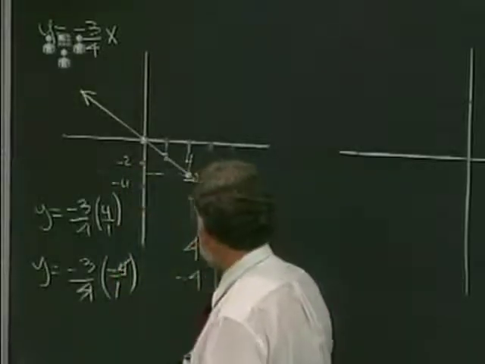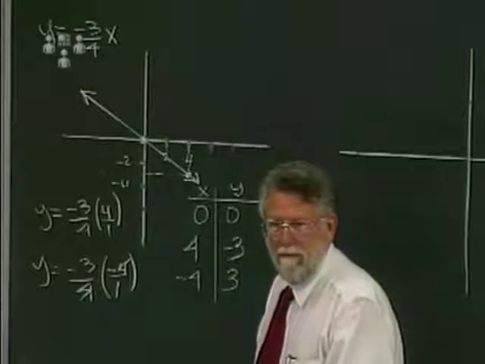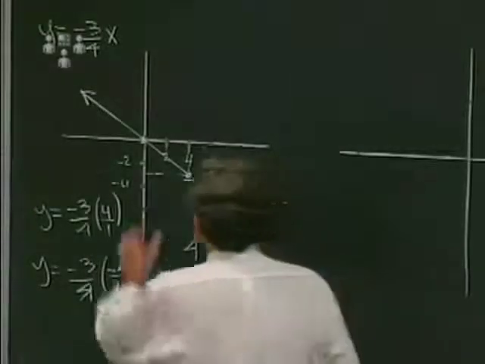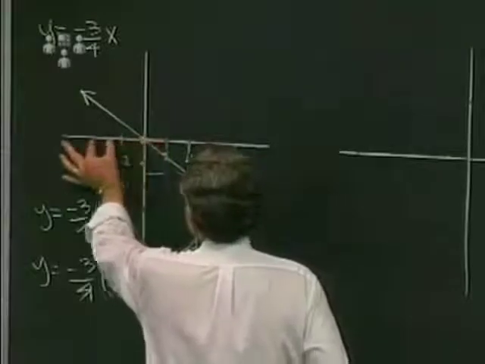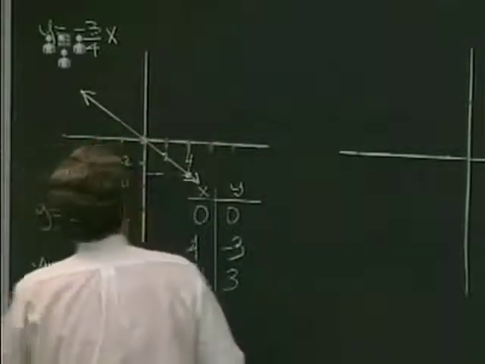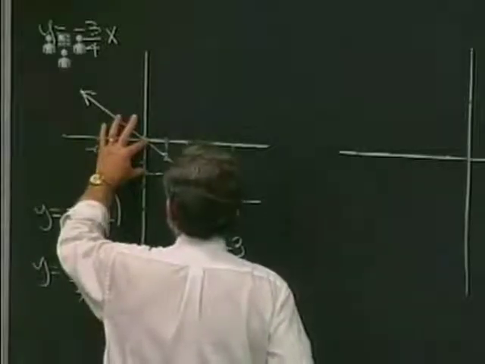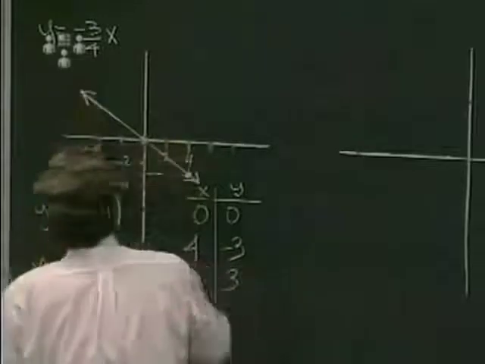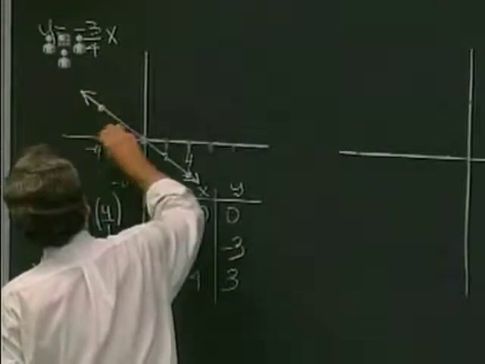Positive 3? Yeah. So that says if I go to the left, negative 4, so here's negative 2, negative 4, then go up the same distance I had here. That's my point up here.